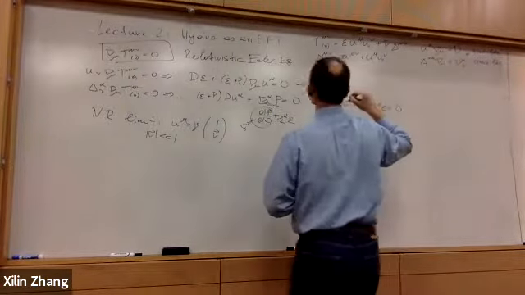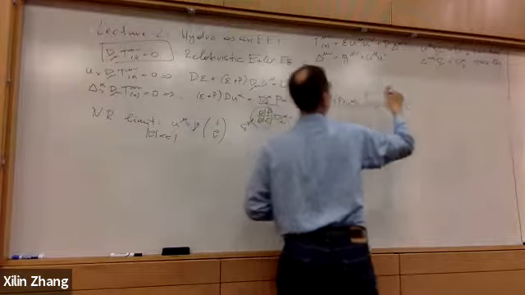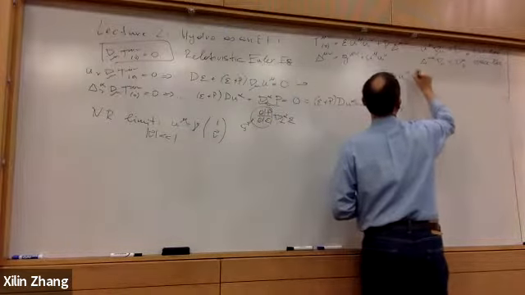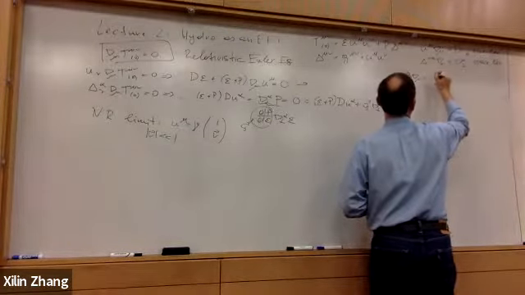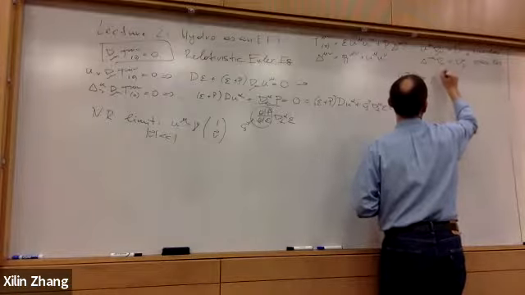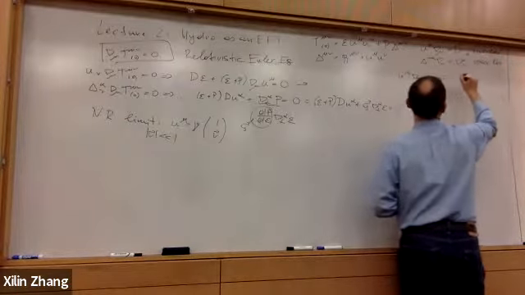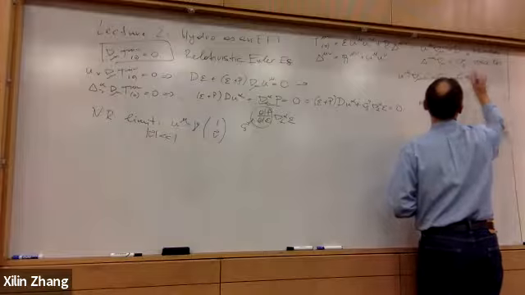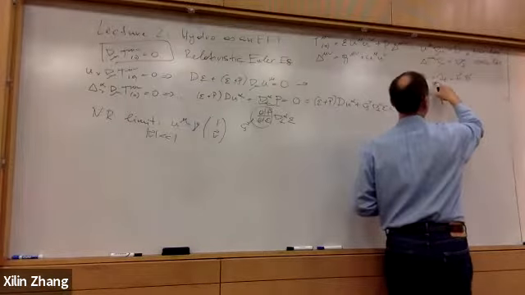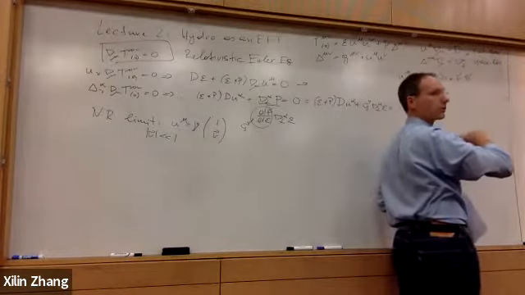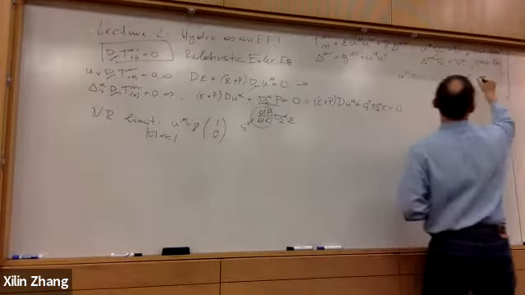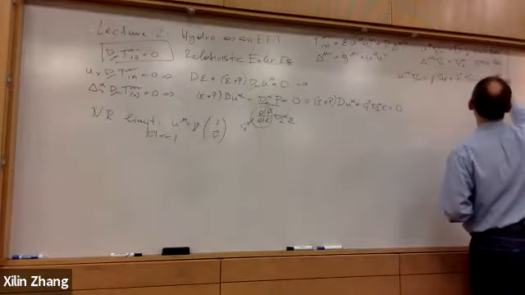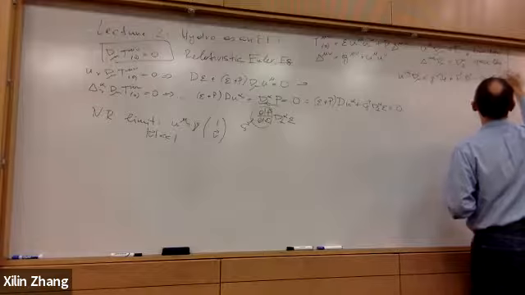What does that look like? u^mu d_mu is the same as gamma times (dt plus v dot the usual grad), but we expand around gamma equals 1. So basically, this is approximately dt plus v dot grad.